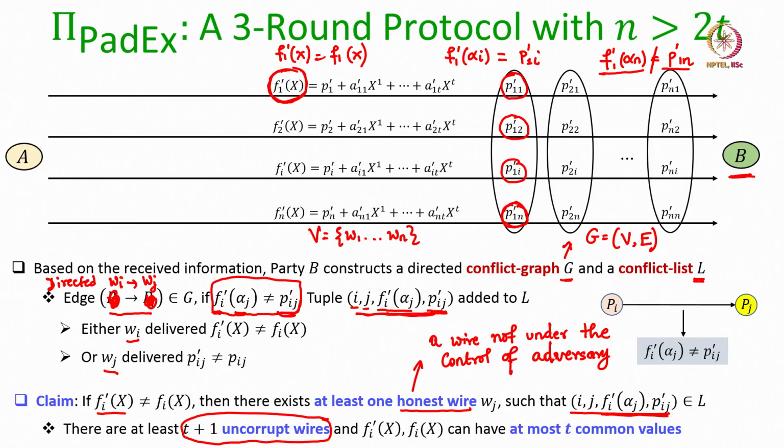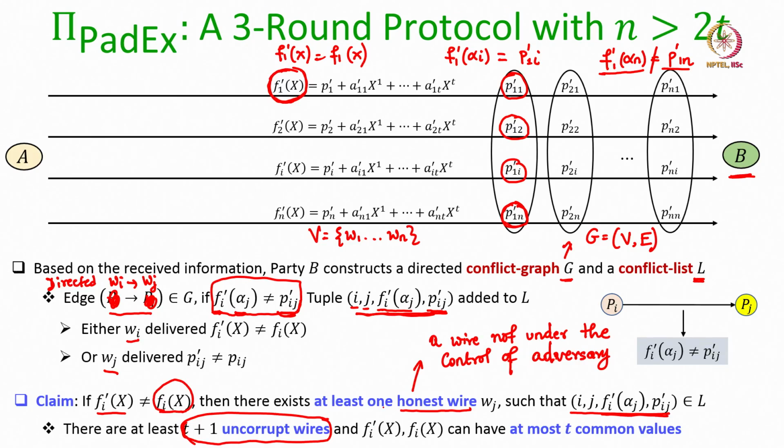These wires will deliver the value of the polynomial f_i(x) correctly. They will not be delivering the value of f'_i(x). And two different t degree polynomials can have at most t common values. So, among those t plus 1 uncorrupt wires, the values delivered over those wires may lie on f_i(x) as well as f'_i(x).